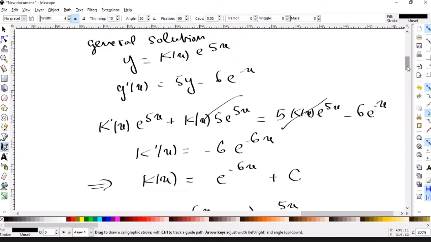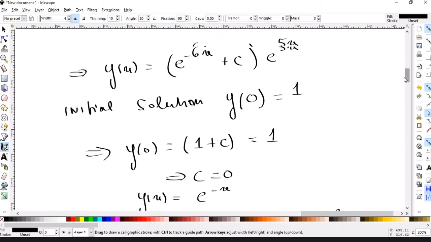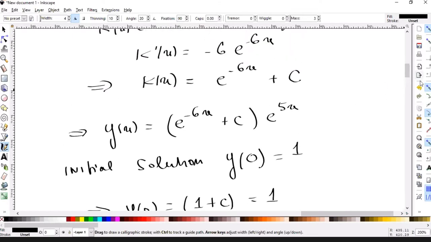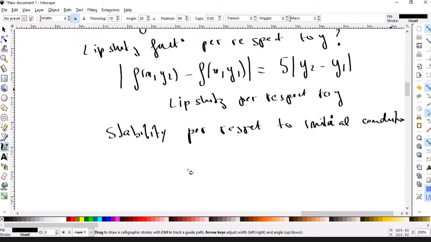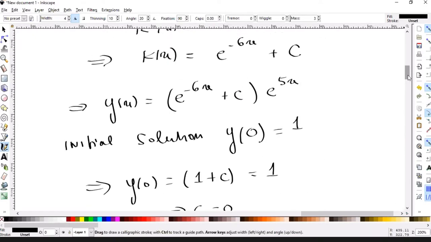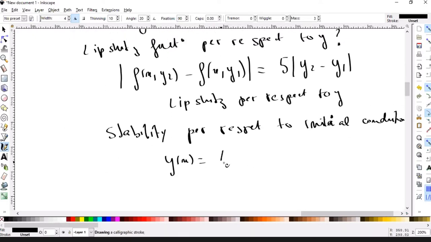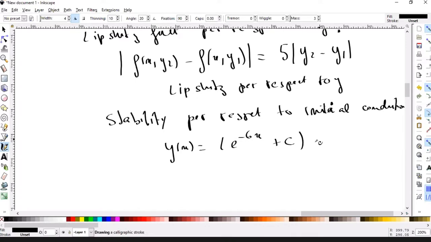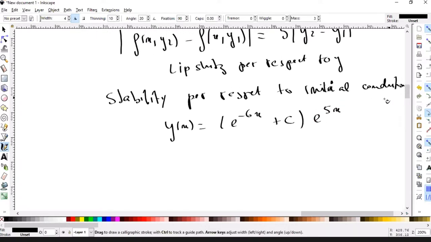So basically this was the general solution: y of x is equal to exponential minus x plus c exponential 5x. When we had y of 0 equal to 1, we got exponential minus x.